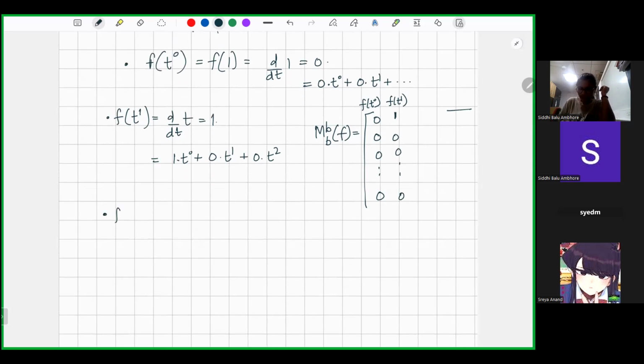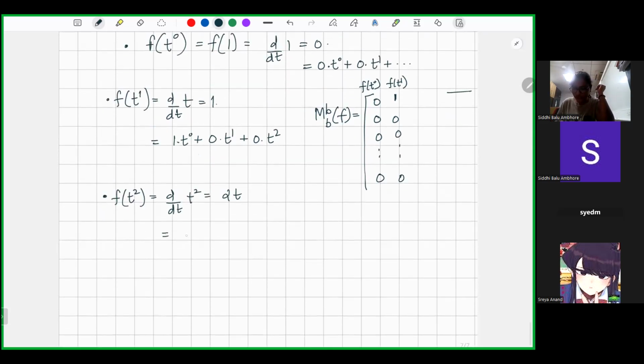Now the second, f of t squared. It is d by dt of t squared, which is 2t. What is 2t? That is 0 times t to the power 0 plus 2 times t to the power 1 plus 0 times t squared plus and so on.